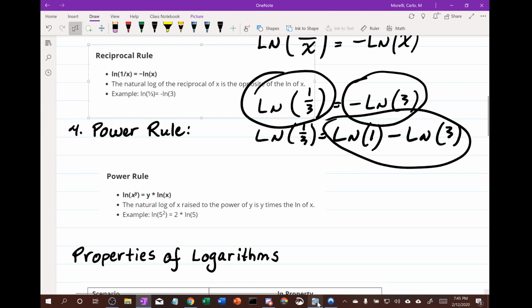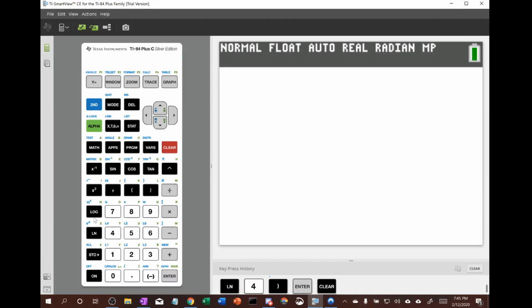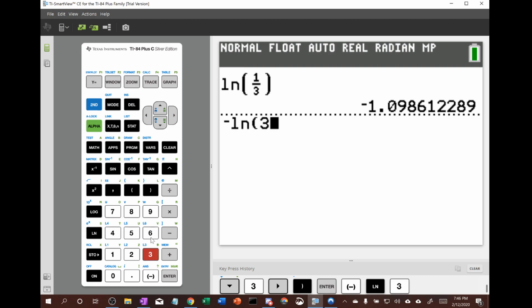I don't really know. So let's try ln of 1/3. Okay, we'll call that negative 1.09. And now let's try negative, and then we'll do ln of 3.